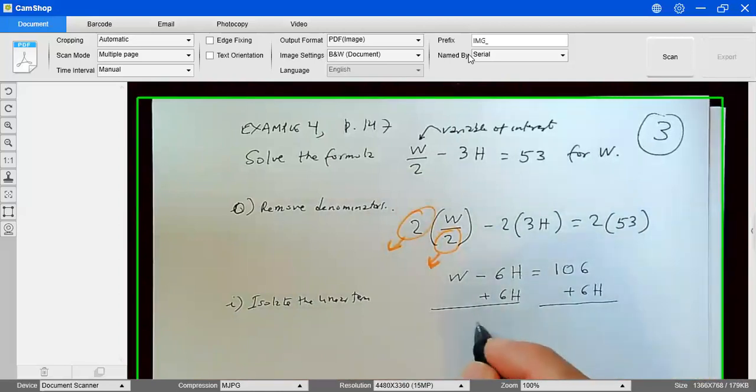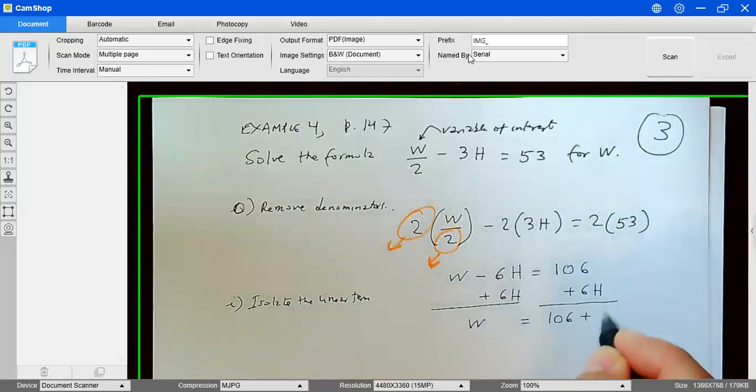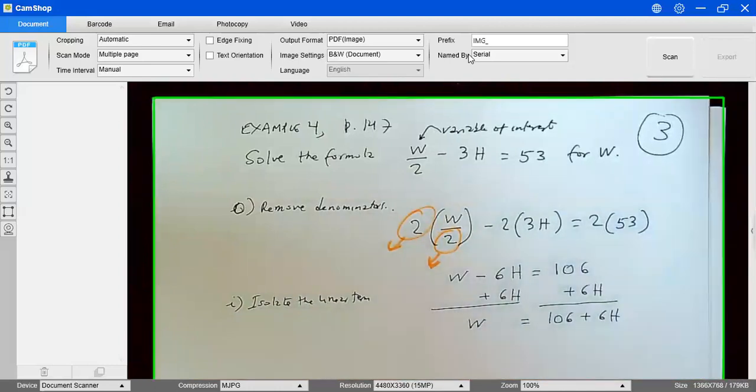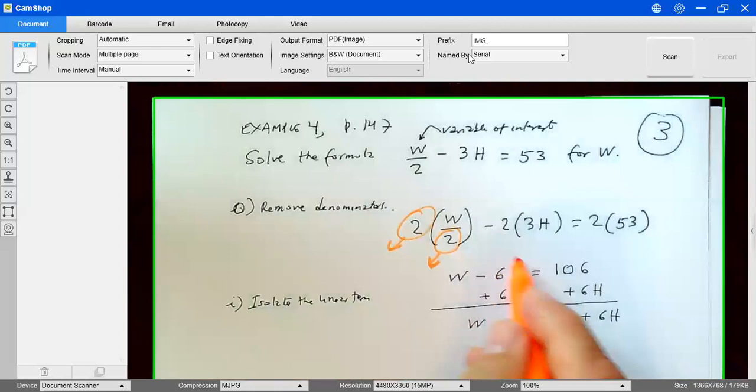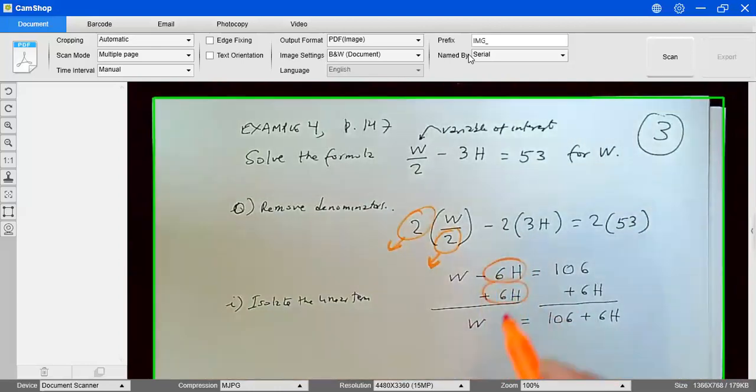So we're going to get W equals 106 plus 6H. We are removing these two from the scene. And then we end up getting the answer, so we don't need to isolate the variable, it's already isolated.